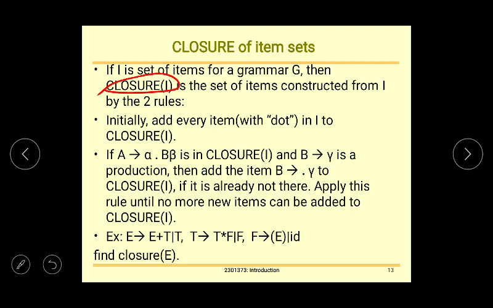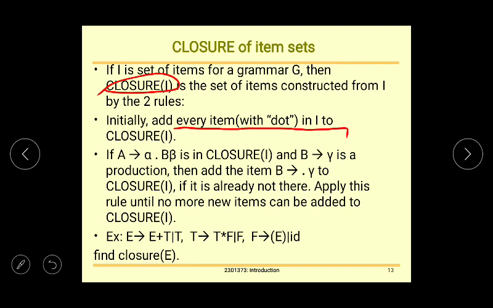Initially, we have to add every item in I to closure of I. If I is the given set, then we have to add every item with the dot to closure of I. We'll see an example. This is the first rule.